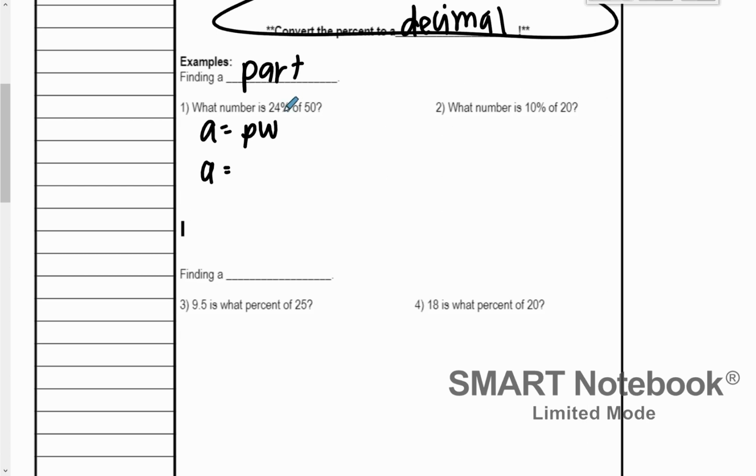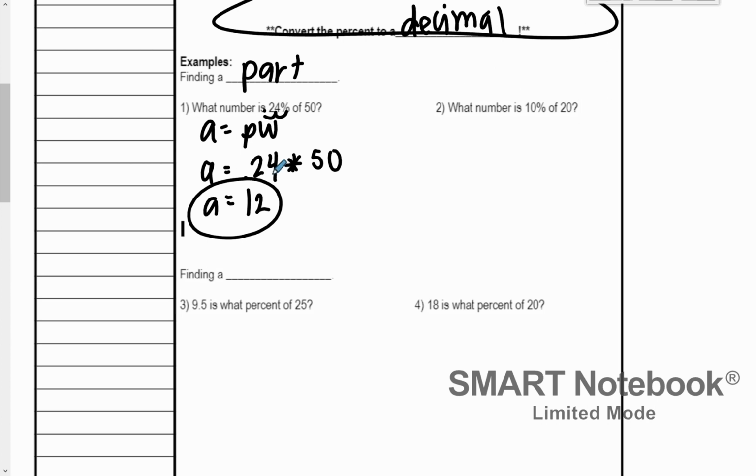Our percent we're going to make into a decimal by moving it 2 to the left. And then we're going to plug in what our whole is, which is 50. We're just going to use our calculator in order to solve this. So we're going to take 0.24 times 50 equals 12.